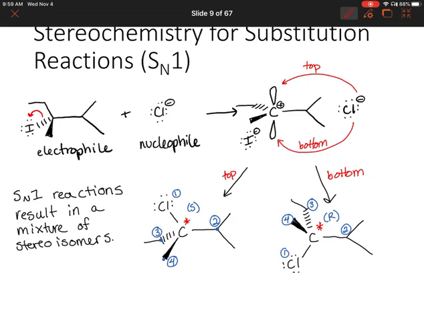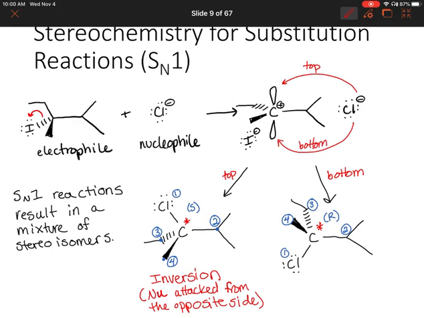And so we would call this product the inversion product. So the nucleophile attacked from the opposite side. And again, that's just relative to where the leaving group was.